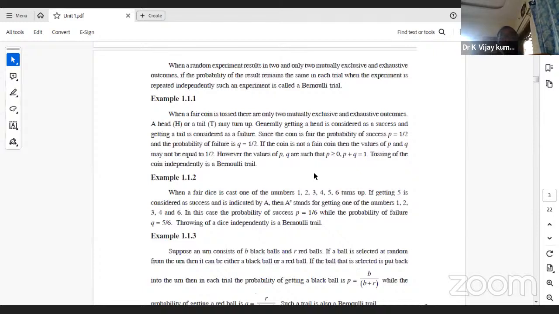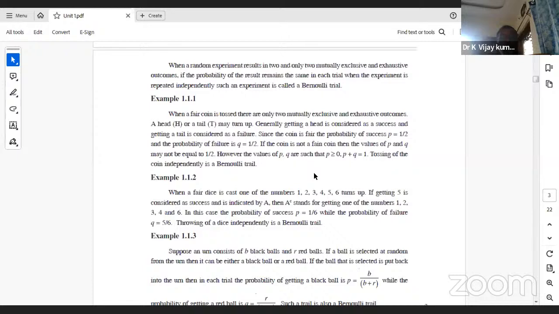When a fair dice is taken, the dice has 6 numbers: 1, 2, 3, 4, 5, 6. Getting the number 5 is considered a success and is indicated by A, and A complement is the failure, getting any other number.